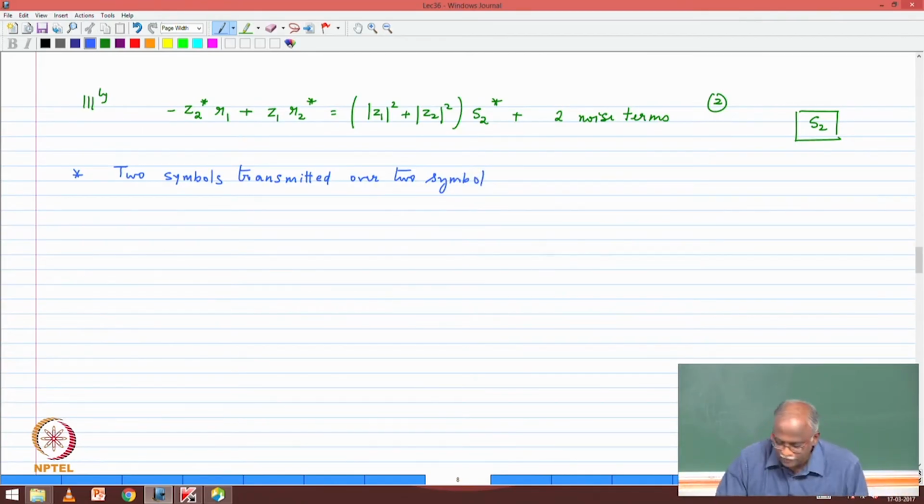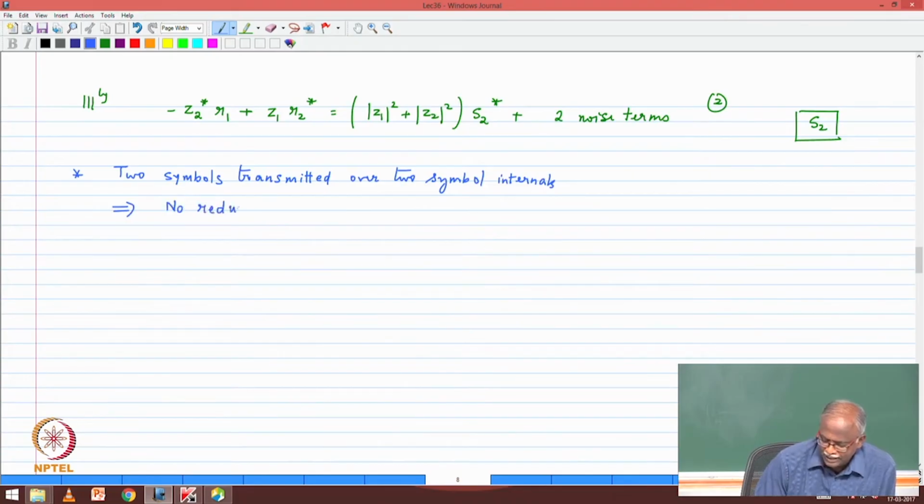So over 2 symbol intervals, I have not increased my bandwidth. I have not lost rate. So that's an important observation. There is no reduction in the information rate. Okay, that's an important one. But I obtained diversity gain.